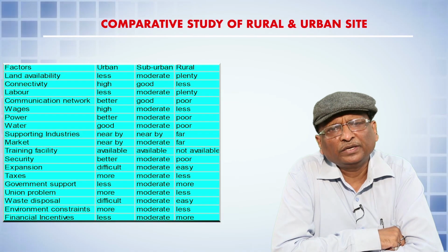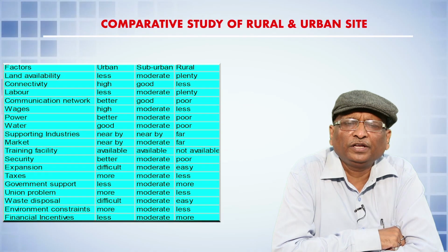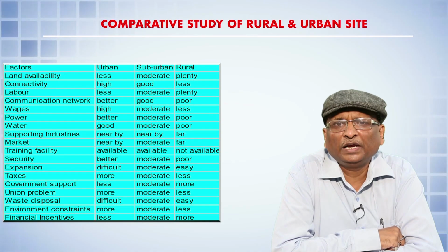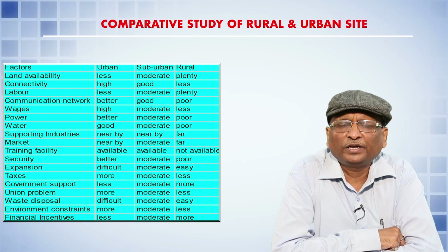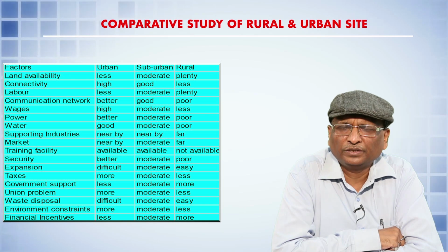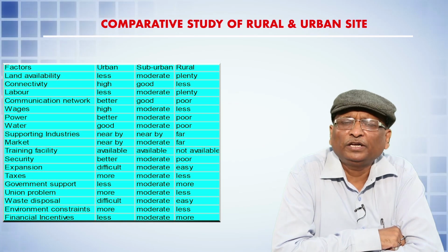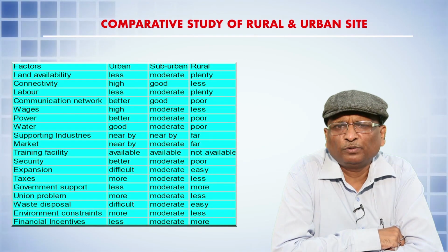Connectivity, in the case of transportation, means connectivity with the rail lines, with the airport, and with the market; we have to give consideration to that. Then availability of labor, communication network, wages for the employees.